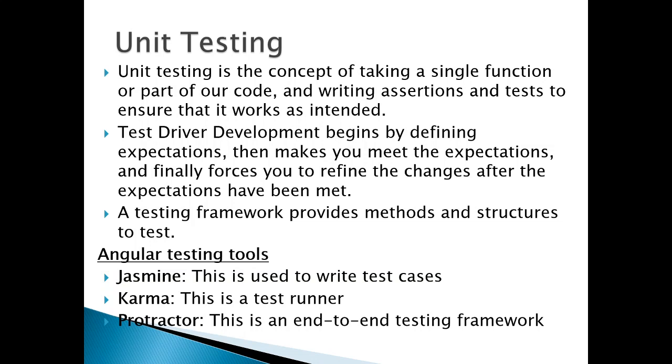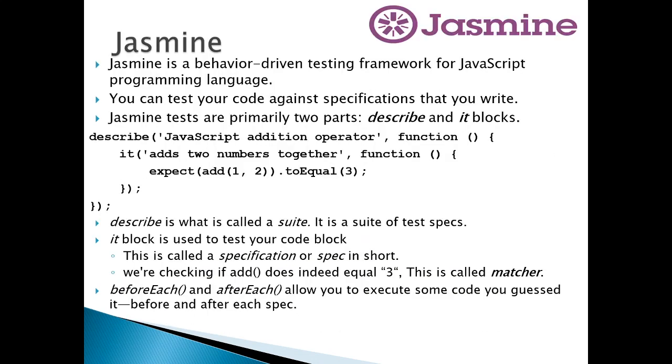For this, you just need to learn Jasmine, just like this. If you see, describe is our input and what it expects is the output. So this is the way we can write different test cases, and we can apply those test cases.